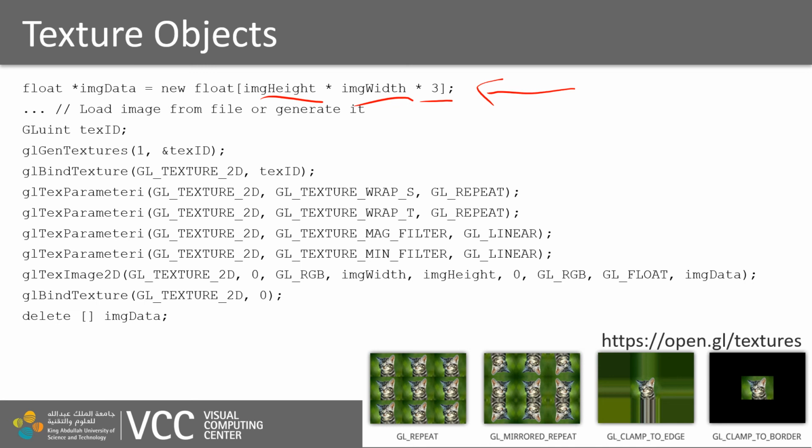And this image will be then either imported from some existing image or some procedurally generated image. And once we have that, then we can generate ourselves a new texture and have a new handler of this texture stored in the texture ID. Then when we bind this texture, we can define various parameters to it.